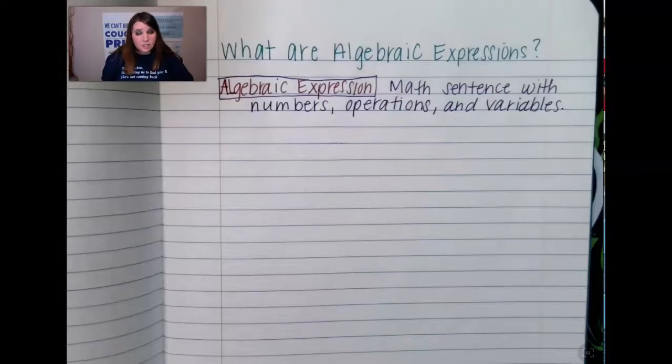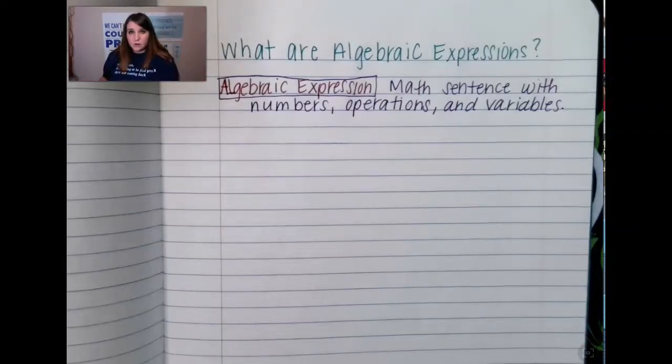So algebraic expressions have numbers, operations, and variables. All right, so I'm going to make sure I move my math book here so I make sure to give you all the good stuff and not miss anything noteworthy in our notes.